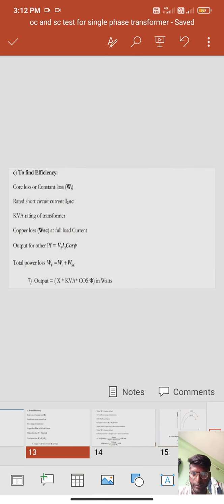To find efficiency: core loss is constant W1, rated short circuit current I2s, kVA rating of the transformer, copper loss Ws at full load current, output power equals V into I cos phi, total power is output plus losses.